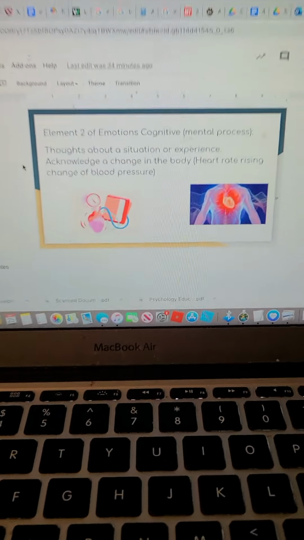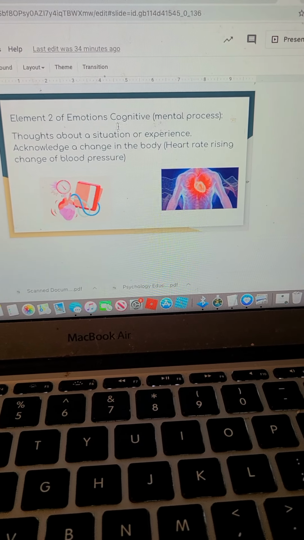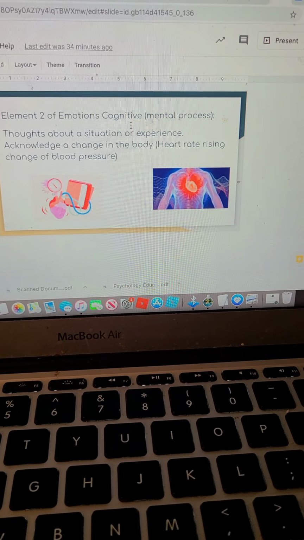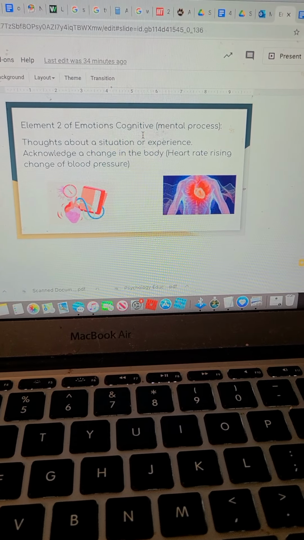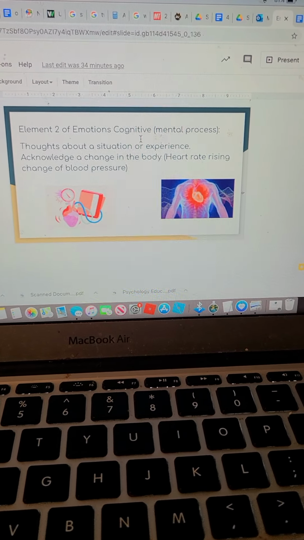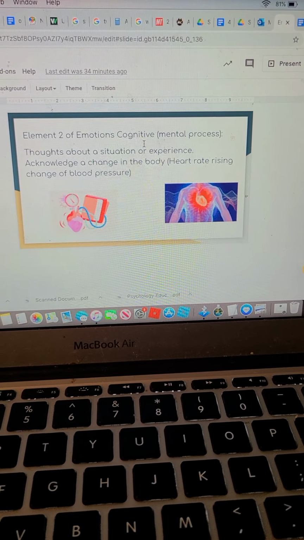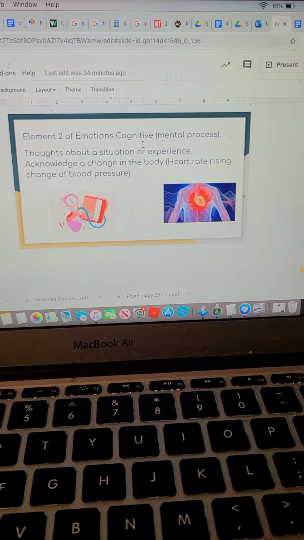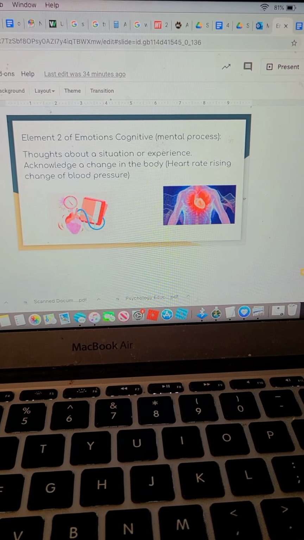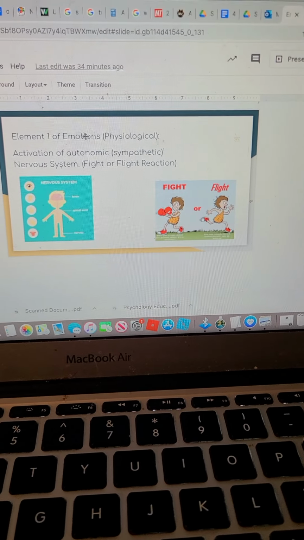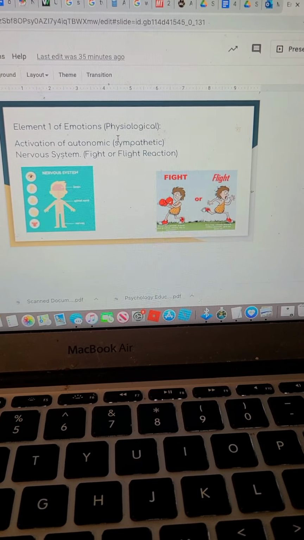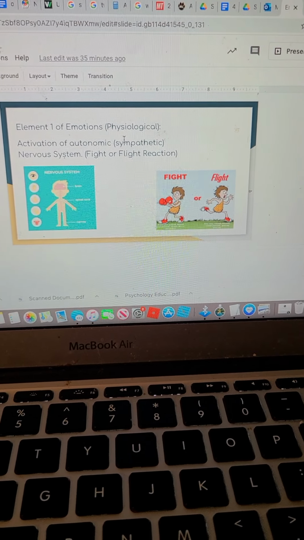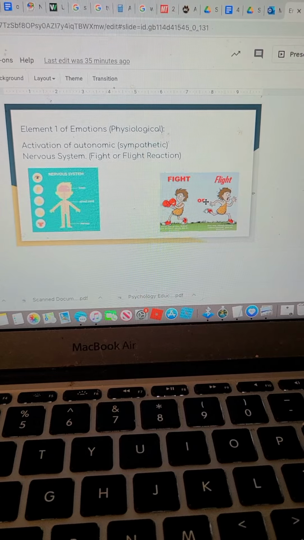For example, element 2, which is the cognitive one, is more like mentally. It's more like, okay, so this is happening but it's affecting my body. That's how I explain it. Or the physiological one, it's more like, okay, so I'm experiencing something, so that is a reaction.